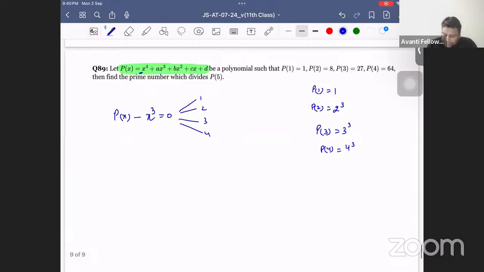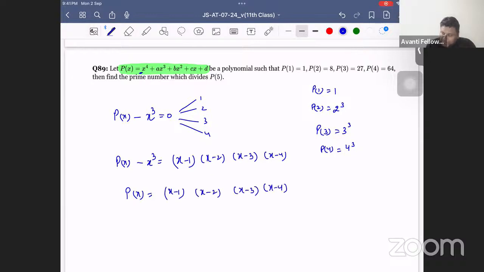So this P(x) minus x cube can be written as (x minus 1)(x minus 2)(x minus 3)(x minus 4). So your P(x) is basically (x minus 1)(x minus 2)(x minus 3)(x minus 4) plus x cube.